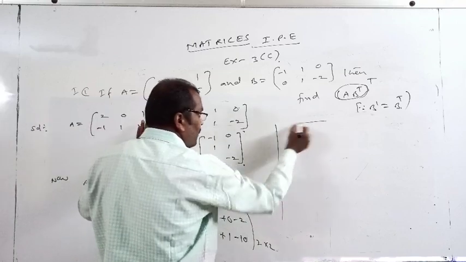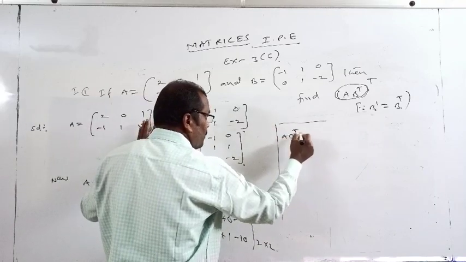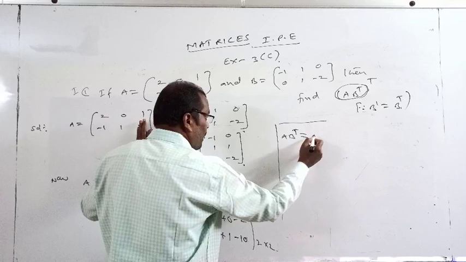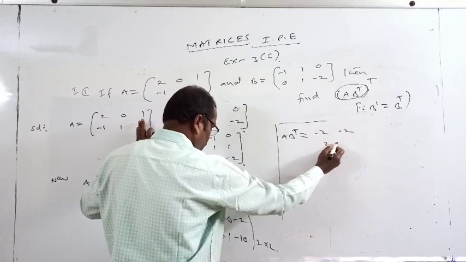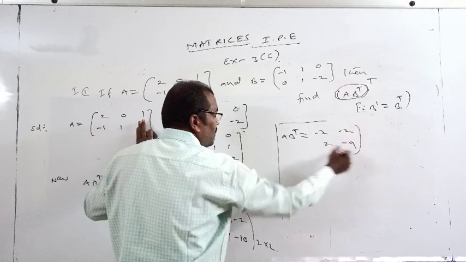So see this one, what is the value of A into B transpose? Again minus 2, minus 2, 2, minus 9.